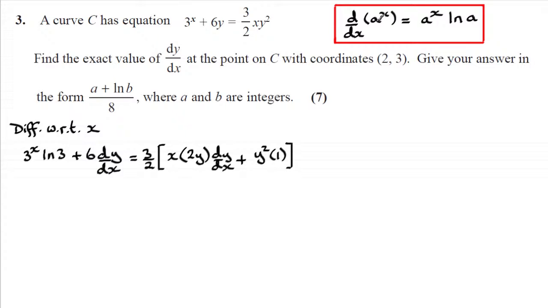You can see a is the constant 3. So you're going to get 3 to the power x natural log of 3, which I've written down here. Now, when it comes to differentiating 6y with respect to x, it becomes 6, and then you multiply by dy by dx. It's based on the chain rule.